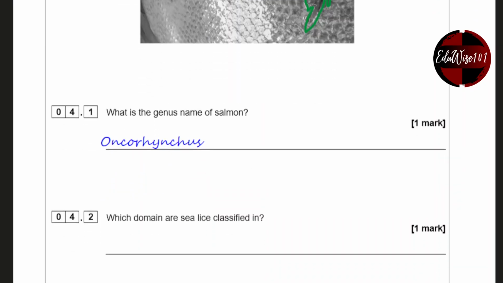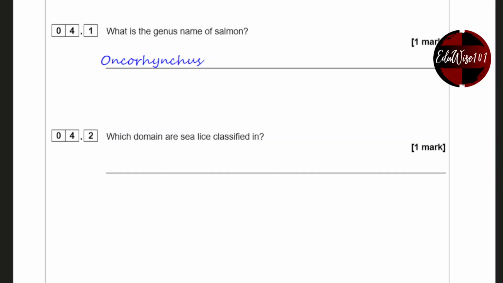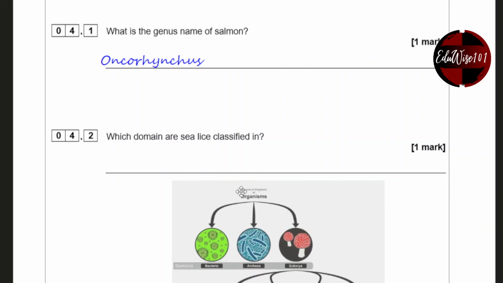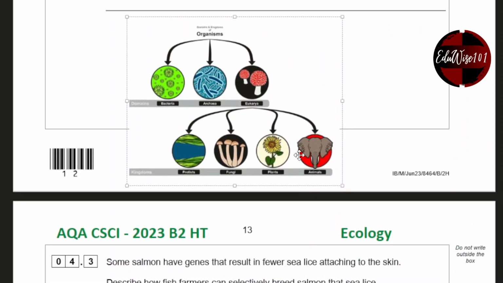Which domain are sea lice classified in? Now, domains: all organisms, all living things on Earth, are divided into 3 domains. This was done by Carl Woese. He divided all living organisms into bacteria, archaea, and eukaryota. So here's a simple diagram to show you.